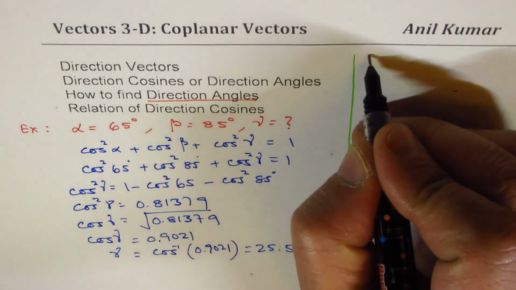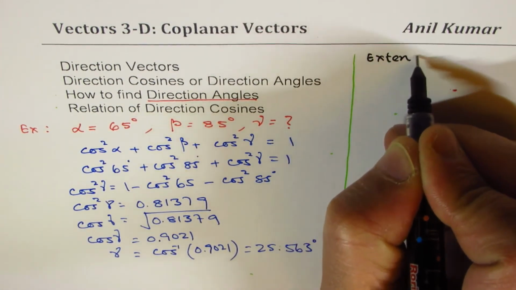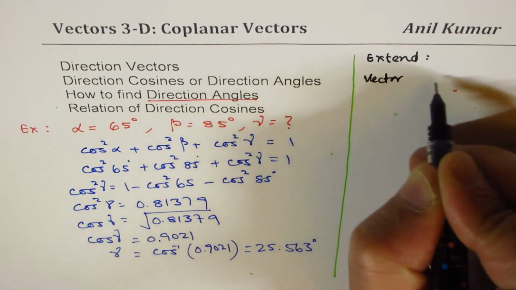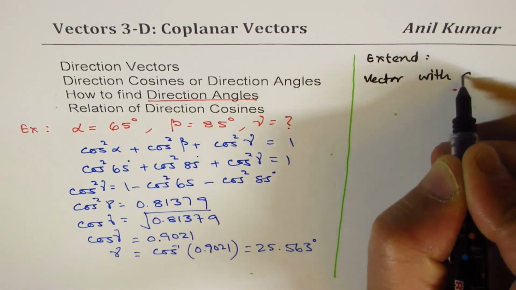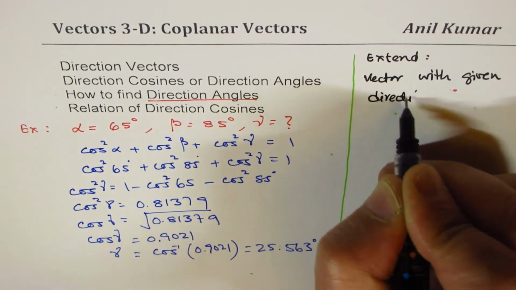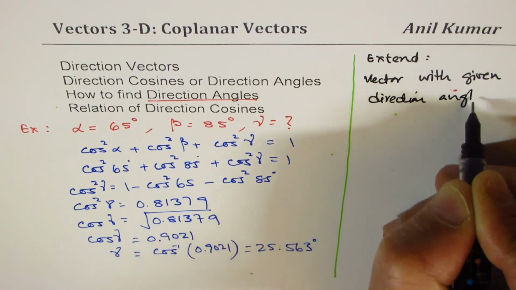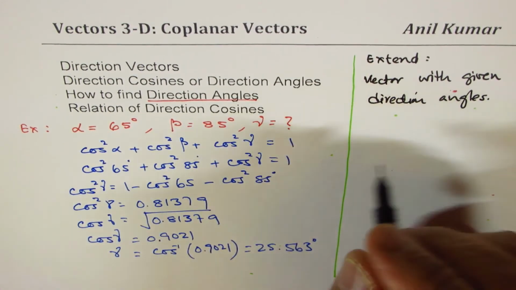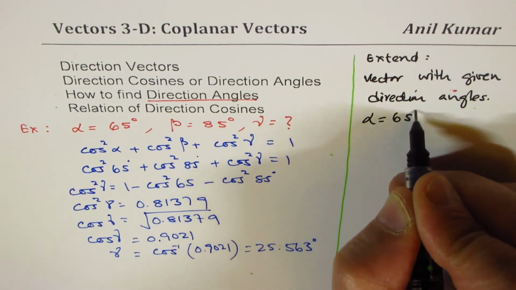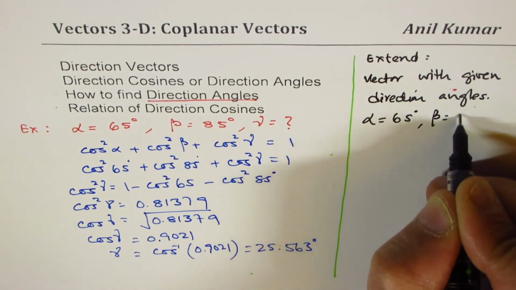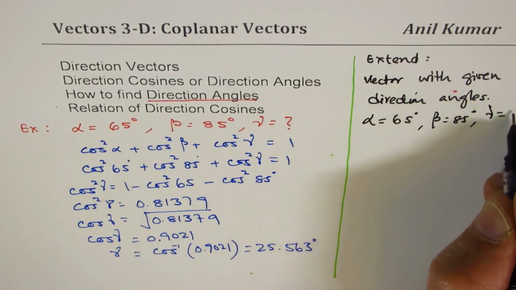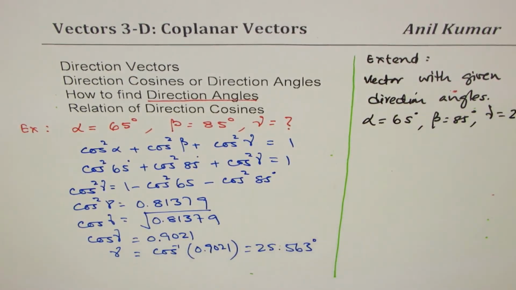Now let us extend this example. Let us find a vector with given direction angles. So we'll say alpha as 65 degrees, beta as 85 degrees, and I'll round gamma to 26 degrees.